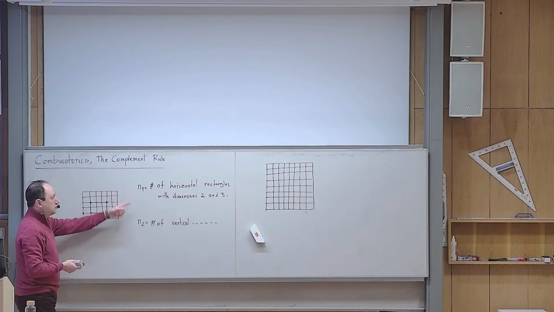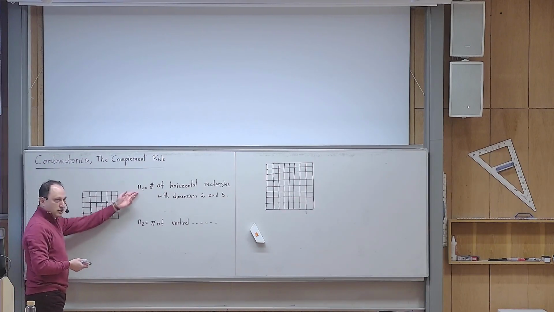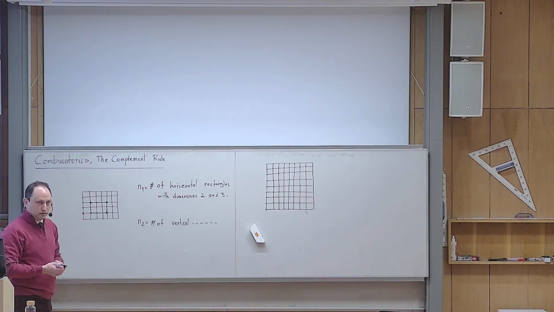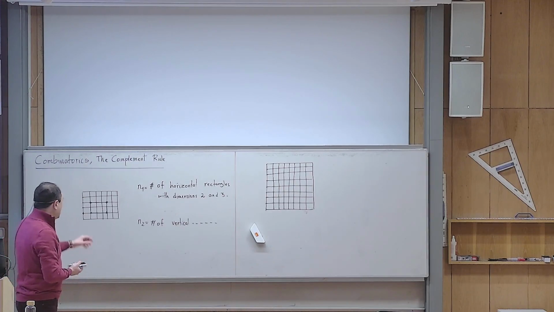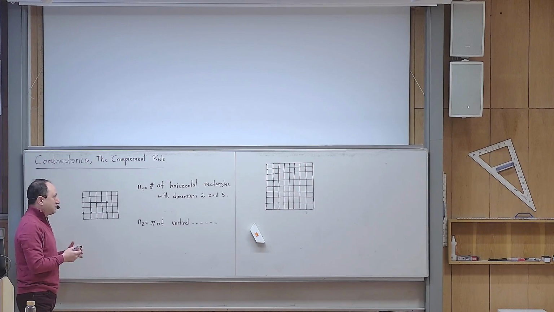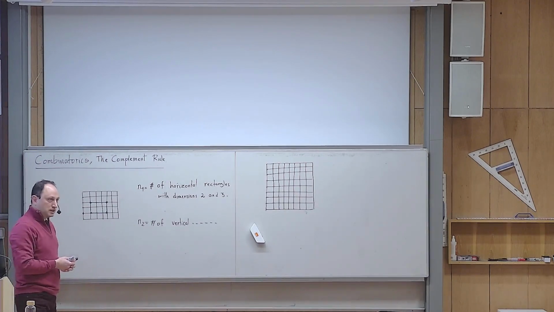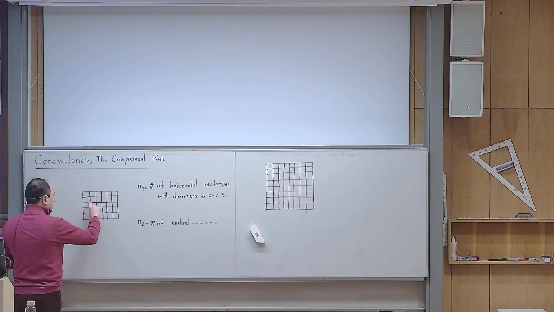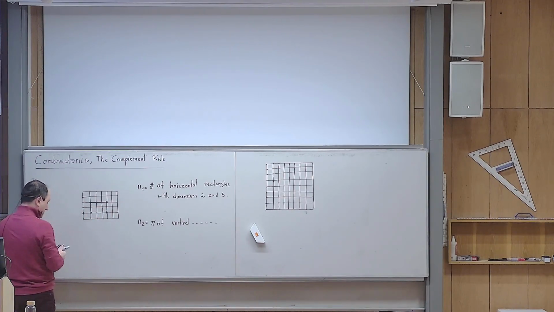Sometimes when you want to use the sum rule for each case, you need to use the product rule. Yes? So if I want to use the product rule, I need a task that can be accomplished in 2 stages. So here, do you agree with me that one way of specifying this rectangle is really to draw it, but there is also an indirect way, yes?